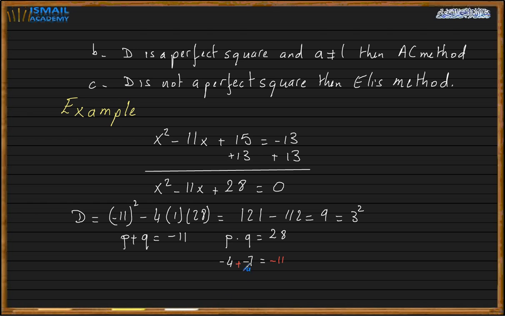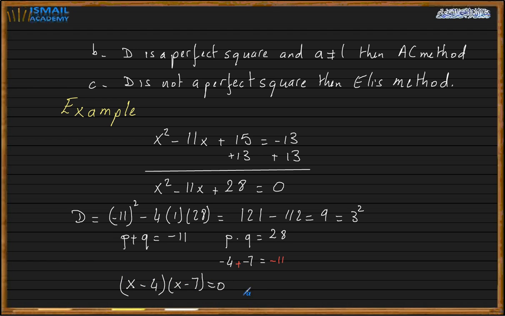So my two values are minus 4 and minus 7. You can make the whole list, but I prefer, guys, that you try to do half of the work in your head to get those answers. So now I know that x squared minus 11x plus 28 will be equal to x minus 4 times x minus 7.